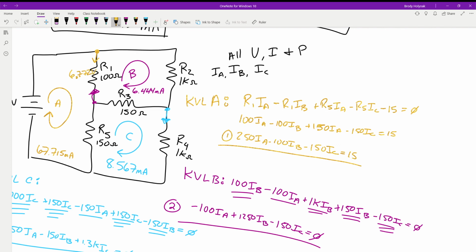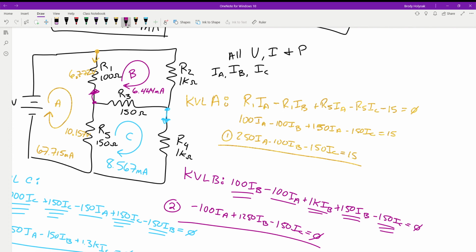Come in this direction. And then what do we have across R5? From loop A, just from loop A. We got 10.157 volts, just from current A.